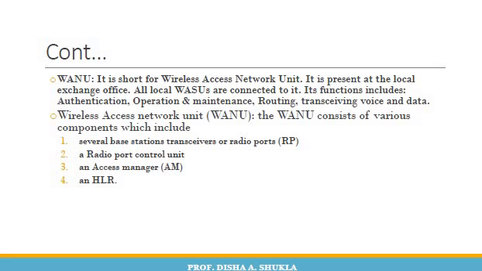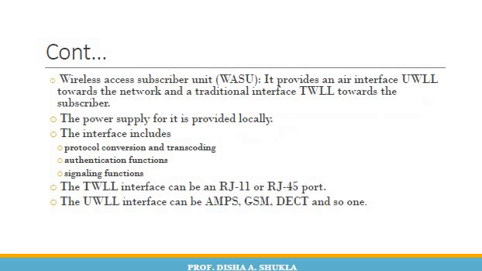Whatever operations are going on, the WANU keeps an eye on them, maintains them, routes the call and transceives the voice and data. The WANU consists of four major components: several base station transceivers over the radio ports, a control unit, an exchange manager, and an HLR.